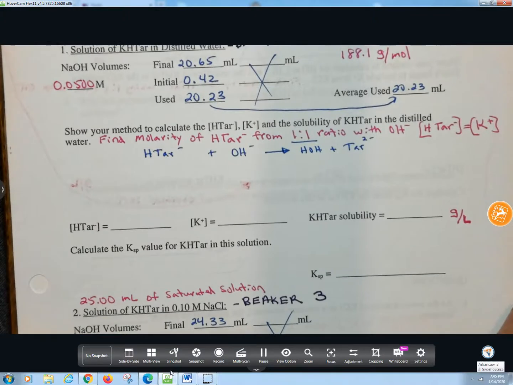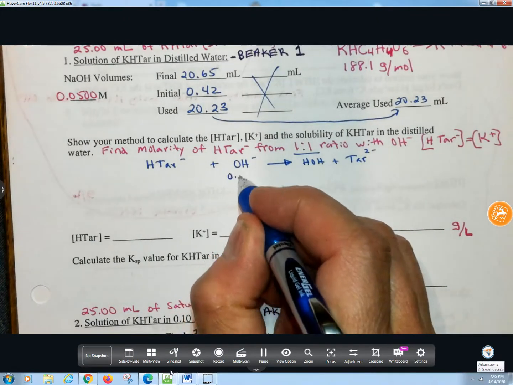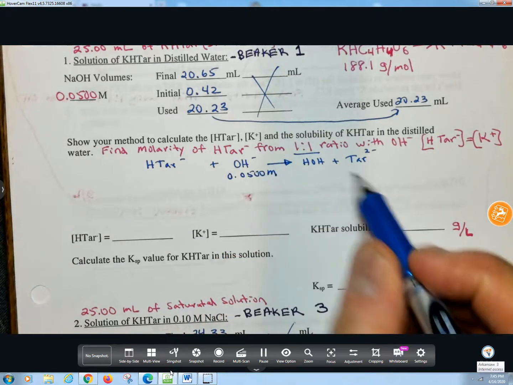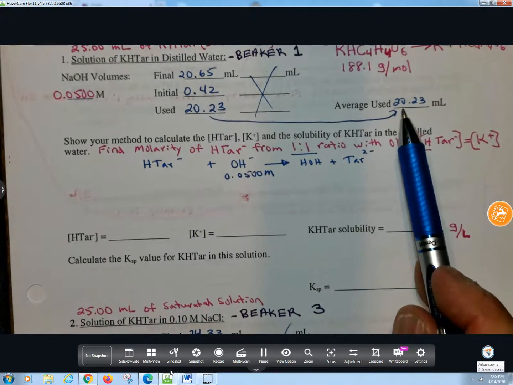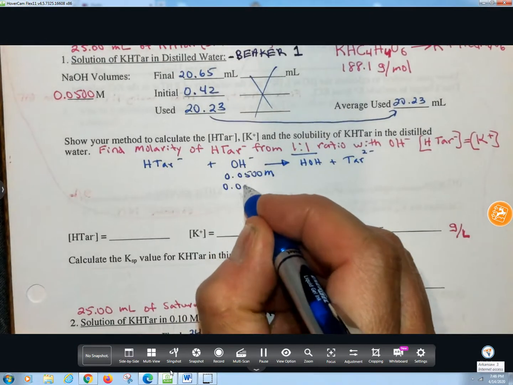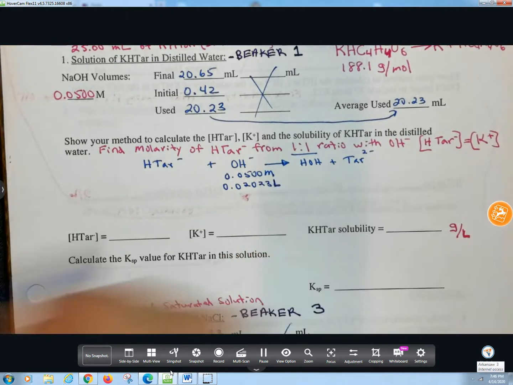Now, here's what we know. We know that this is 0.0500 molarity, and it took 20.23 milliliters, or 0.02023 liters.